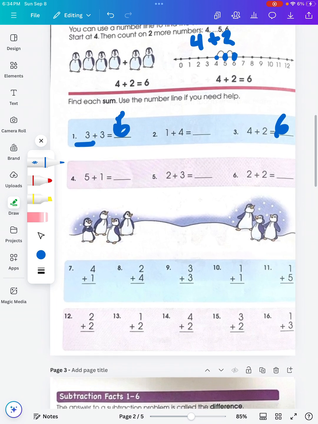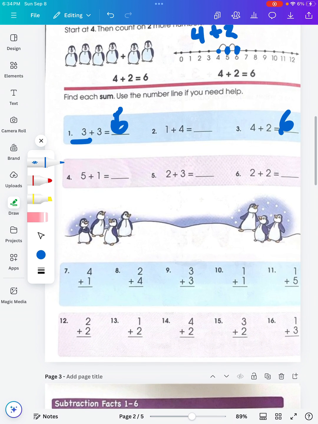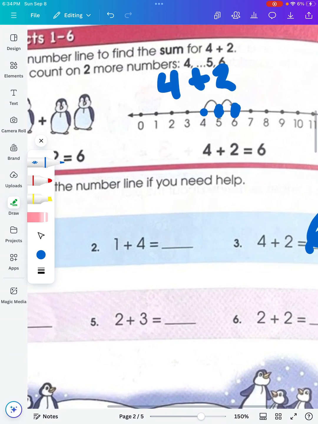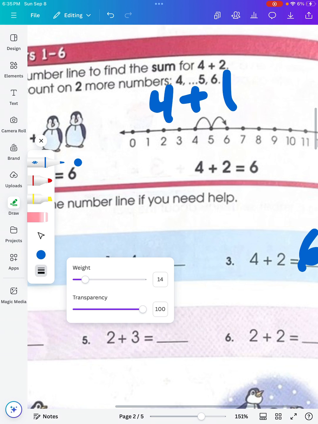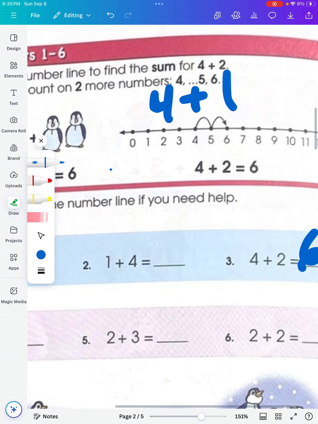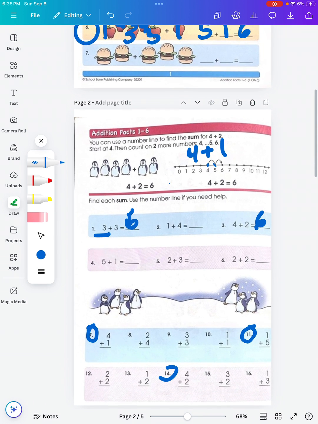Another question we can answer is, we'll answer questions 7, 14, and 11. Question number 7 is 4 plus 1. So we'll start on 4 and then add 1. So 4 and then 1. And our answer is 5, since we just have to add 1 more.